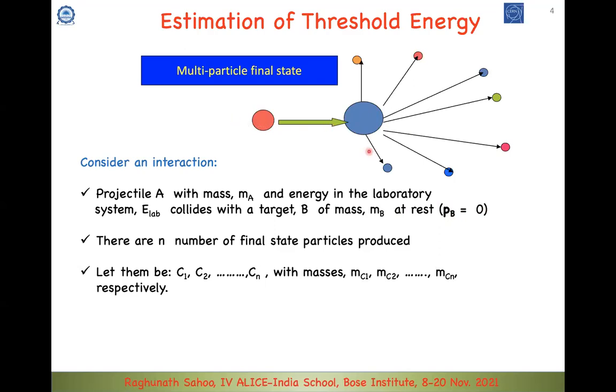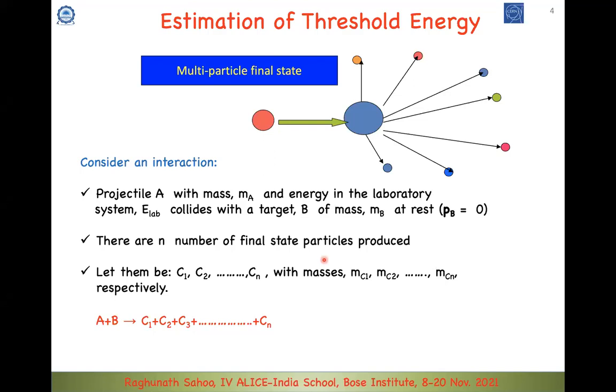So now the problem in hand is, there are n number of final state particles produced, and let them be denoted by C1, C2, C3 up to Cn, and I designate them as different masses, m_C1, m_C2 and all that. Okay. So this is a multi-particle final state problem. A plus B going to C1 up to Cn.